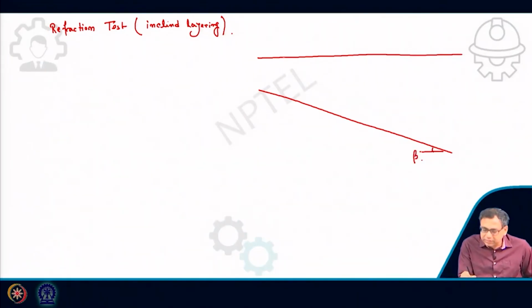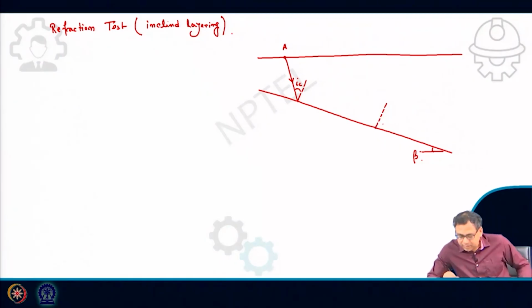This is A, and this is my refracted ray. This is the critical angle ic, and this is also ic.